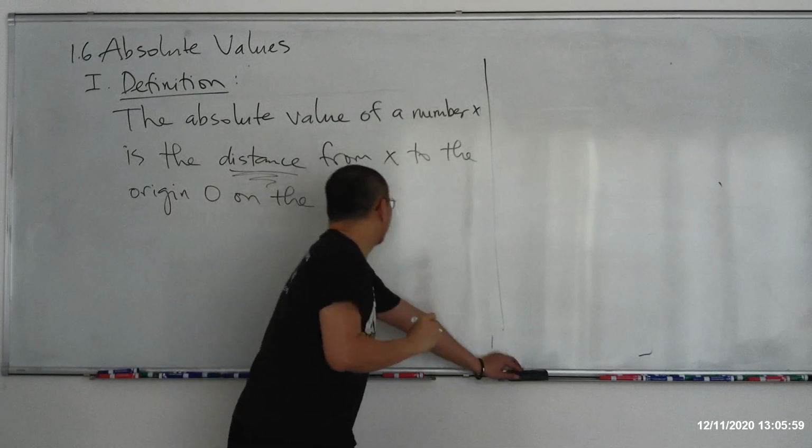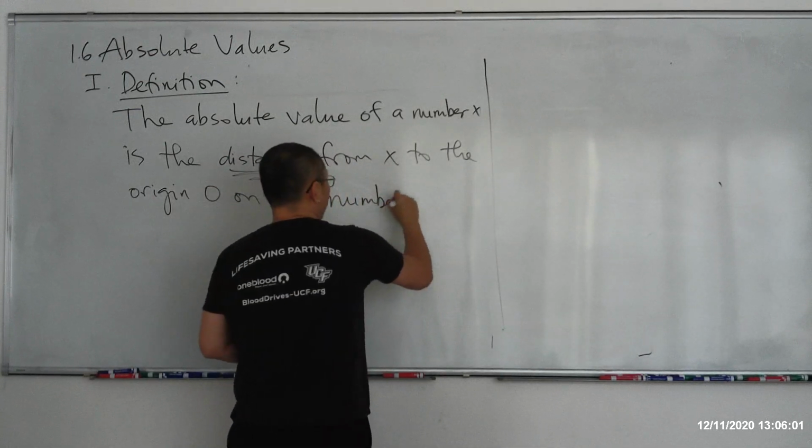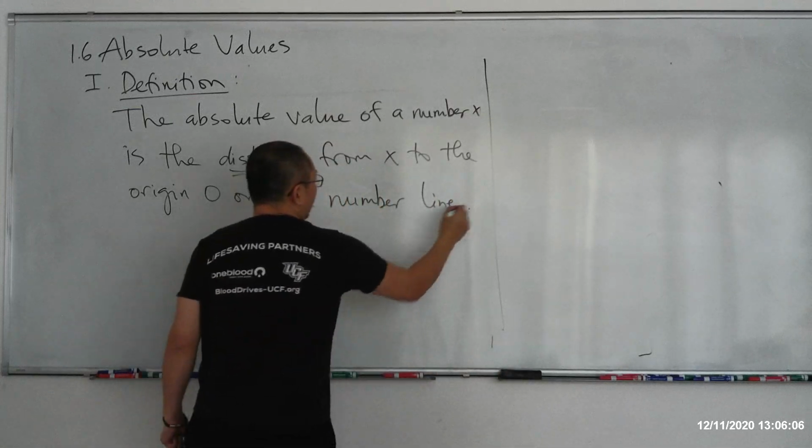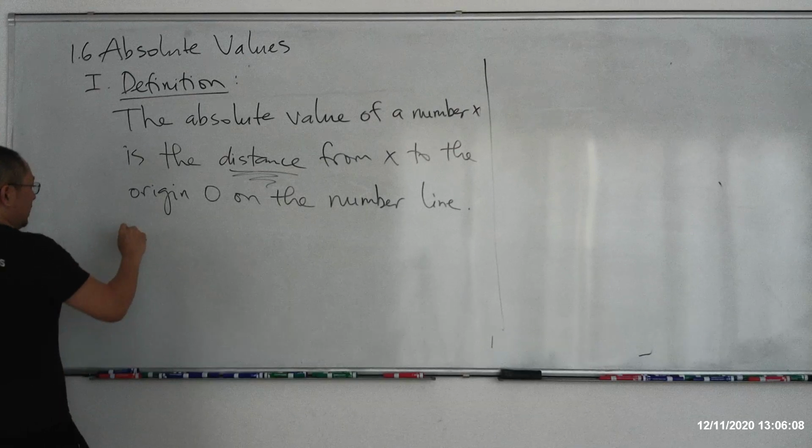Number line. I missed a B right here. Number line. Okay. And the absolute value notation will be denoted by this.